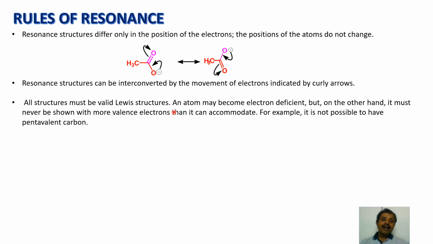An atom may become electron deficient, but on the other hand, it must never be shown with more valence electrons than it can accommodate. This is very important: an atom may become electron deficient.